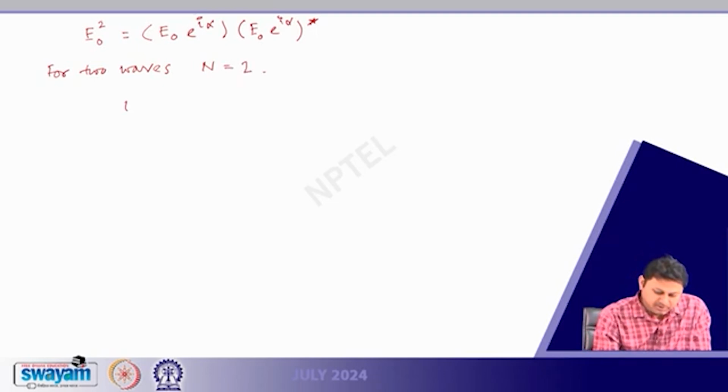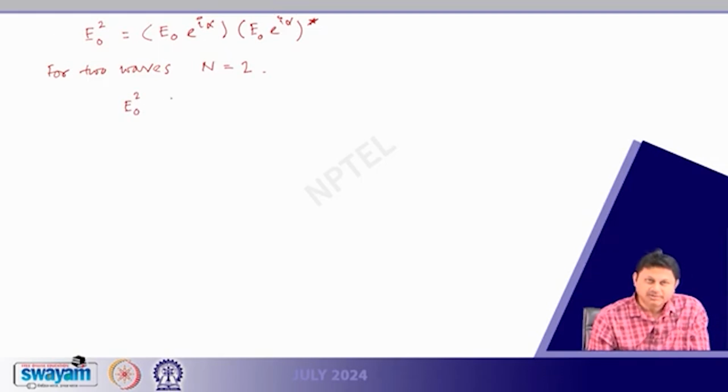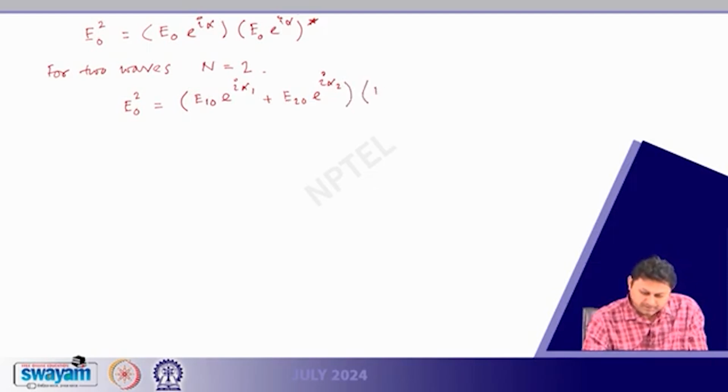Then my E naught square, if I want to find out the amplitude square of the resultant wave, which is E naught square for n equal to 2 case, then we have two waves given by E10 e to the power of i alpha 1 plus E20 e to the power of i alpha 2 multiplied by the star of this quantity.